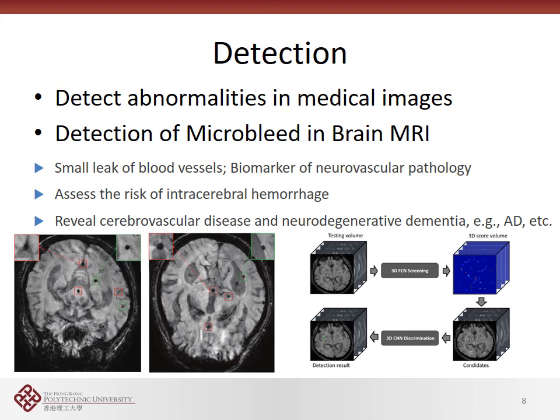It can be used to assess the risk of intracerebral hemorrhage, and can also be used to review cerebral vascular disease and neurodegenerative dementia, such as AD. So automatically detecting microbleeds can provide doctors very important clues, biomarkers, for diagnosis of these diseases. So you can see detection is a very important application and task in medical image processing.